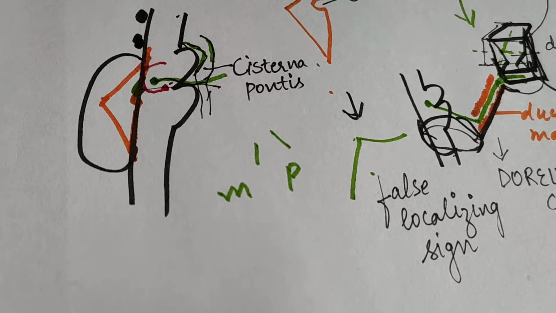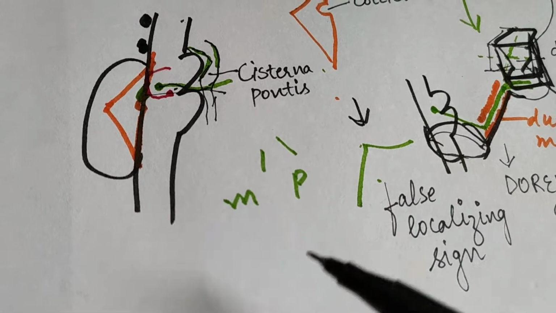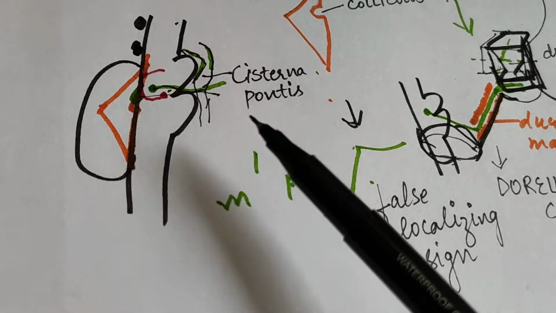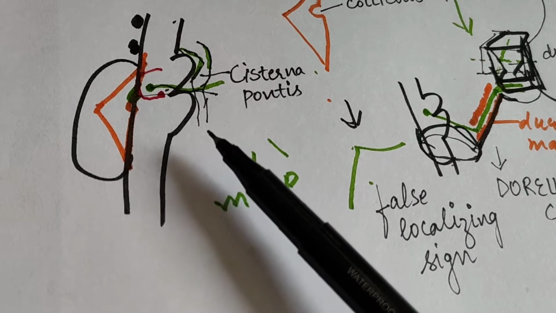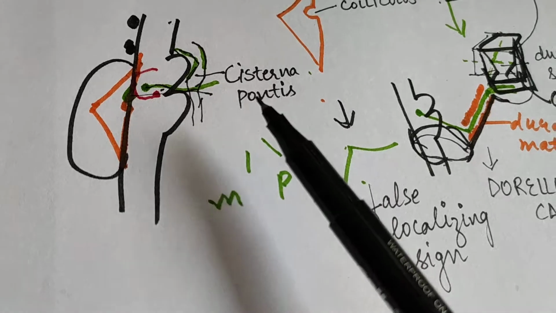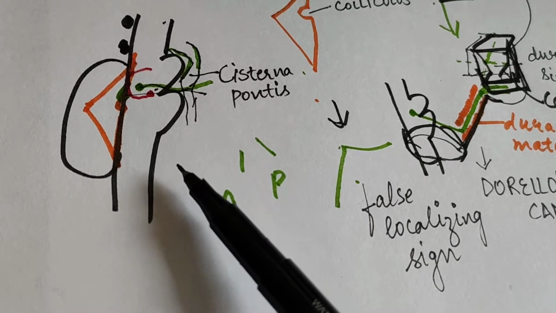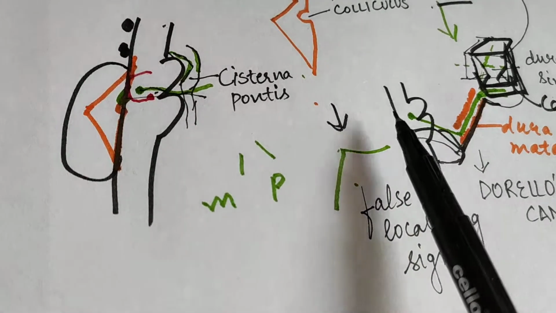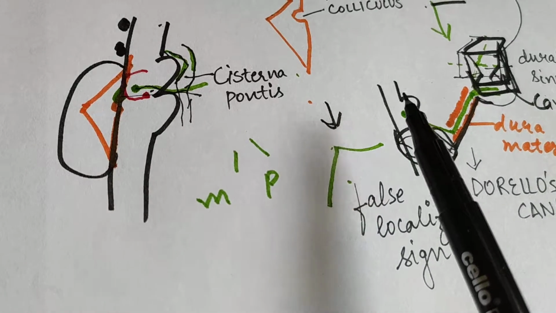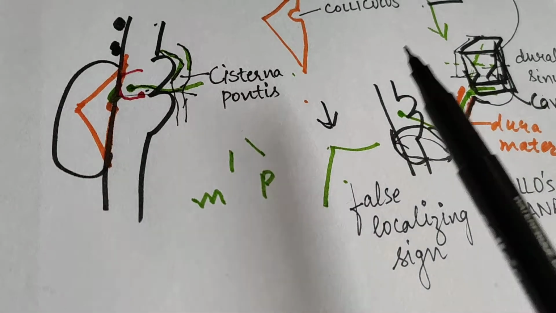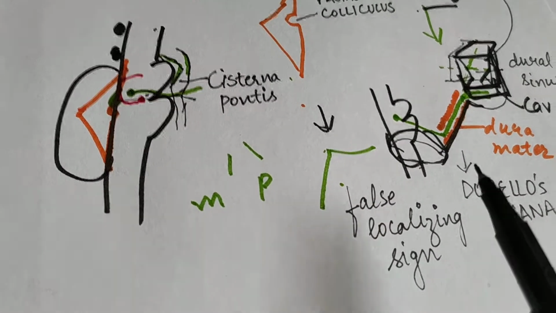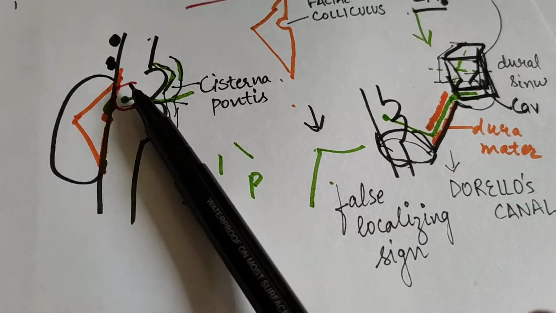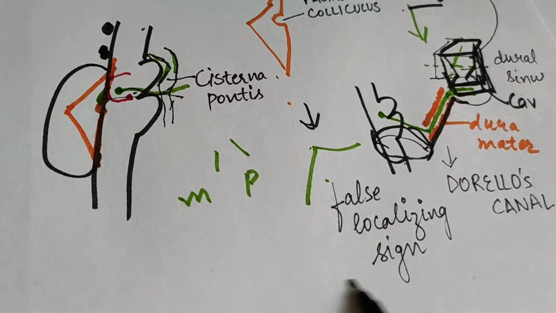If the lateral rectus is not working, we think of sixth nerve nucleus damage at the pons, but more often we are wrong, because the damage is at the bend. So we are localizing at a different point; this is a false localizing sign.